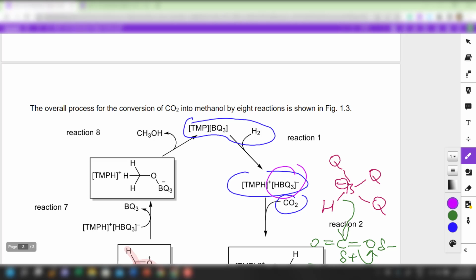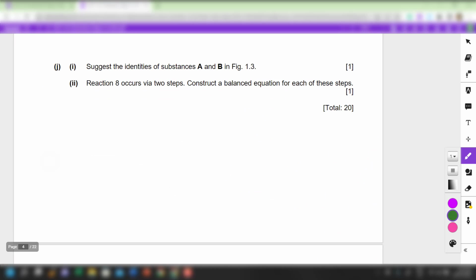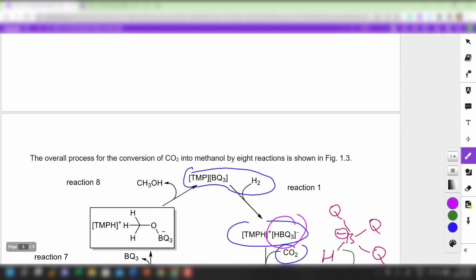Because if I don't protonate the oxygen center, then it's difficult for BQ3 to be released, because in the process of releasing BQ3, the oxygen center's positive charge will be neutralized. So that is likely to be the process we are talking about. Okay, so I'm not going to write my answer here. I'm just going to jot down what I've discussed earlier above, so you know what I'm talking about. Okay, so the 2 steps.